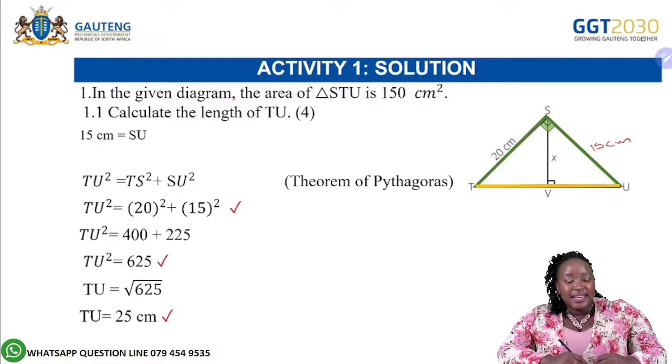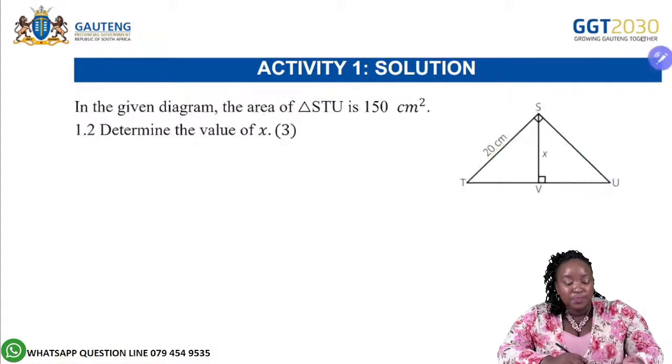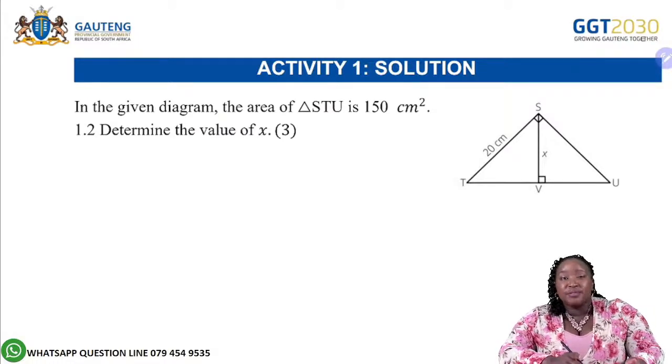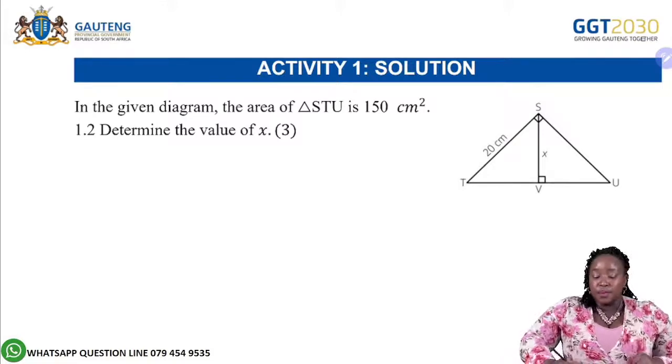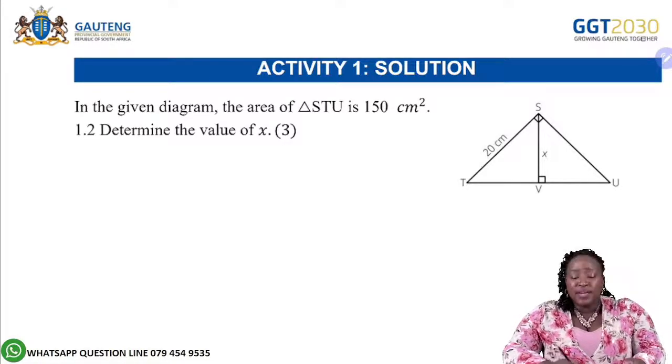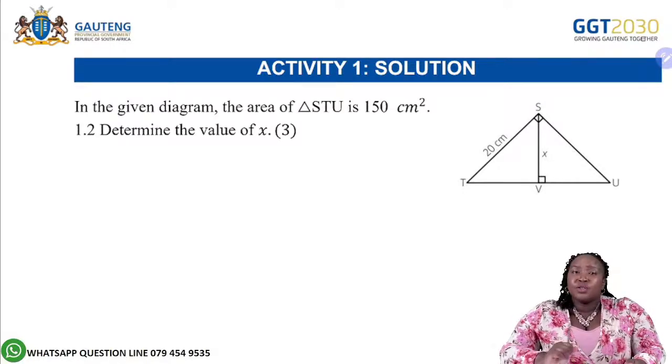Now let's look at the next question. It says determine the value of x, and this question is out of 3 marks, right? Now x is actually the length SV, and that is the height of the triangle STU. Do you see that? It's usually what you would see as a dotted line in a triangle going up to the apex of your triangle.